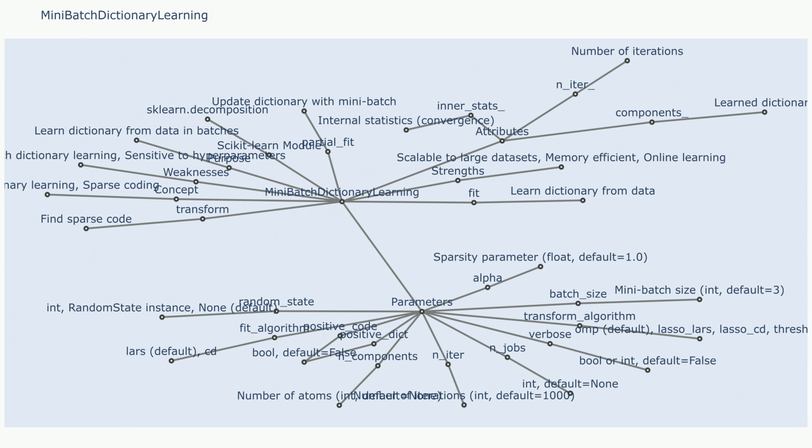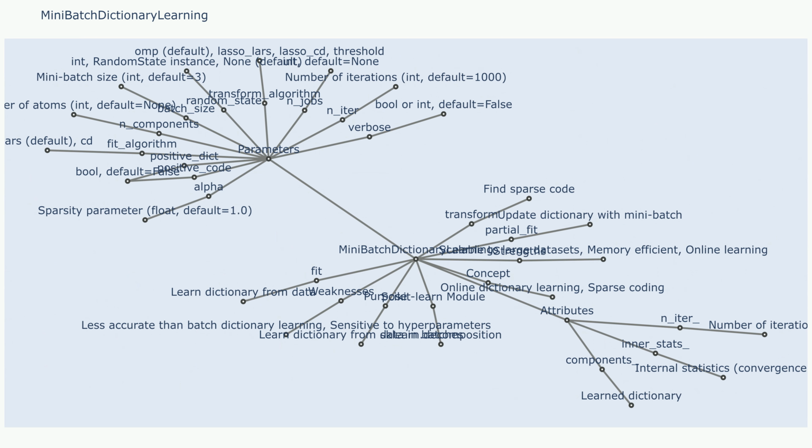5. Applications. Feature extraction. Sparse coding can be used to extract meaningful features from high-dimensional data, leading to more efficient and accurate machine learning models. Image compression. By finding a sparse representation of an image, you can achieve significant compression without losing too much detail.